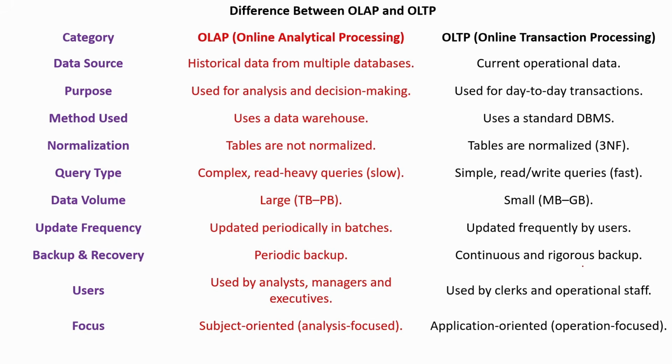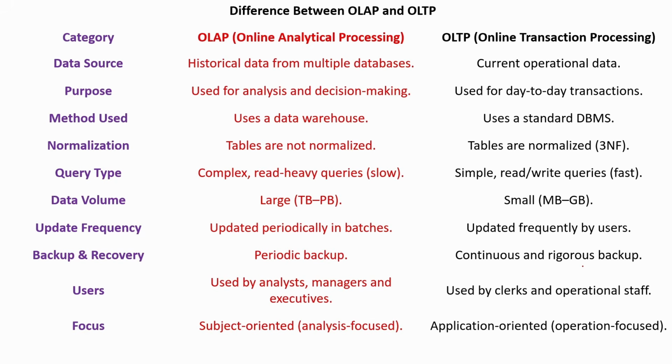OLAP stands for Online Analytical Processing, and OLTP stands for Online Transactional Processing. Both systems are an integral part of data management, but they have very different functionalities. I have divided the differences into categories.